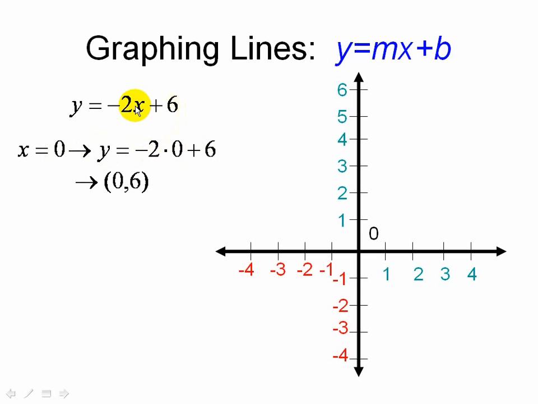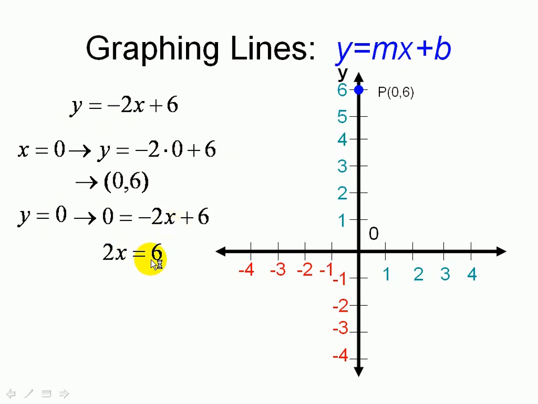Now we're going to substitute y equals 0. When y equals 0, we have the following relationship. Using algebra, subtracting 2x on both sides, we get 2x equals 6. And then dividing by 2 on both sides, 2x divided by 2 yields x, and 6 divided by 2 equals 3. So our third point is 3, 0.